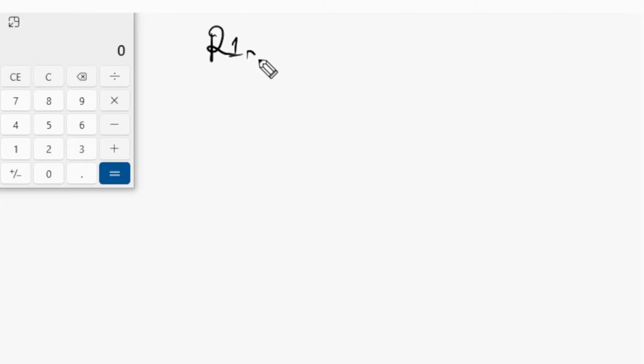R1 root D1 will be R2 root D2. So guys, with this, let's calculate the molecular mass of methane, and that's CH4.